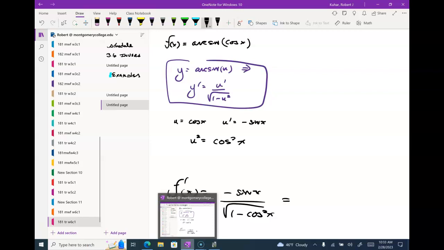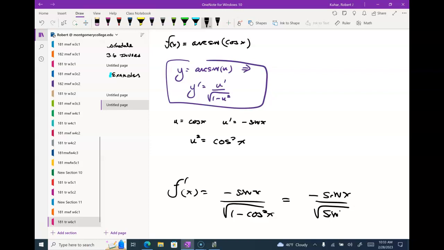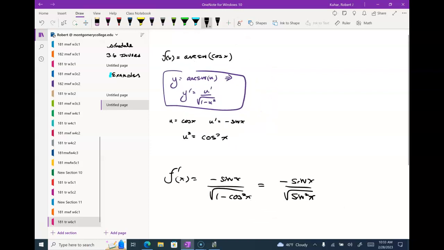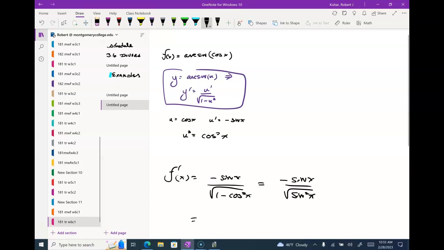So I get minus sine x over square root of sine squared x. What happens there? Downstairs is square root of a square, so I get minus sine x over sine x, so I get negative 1.